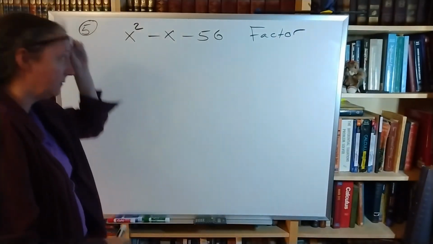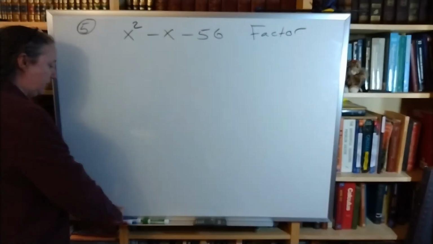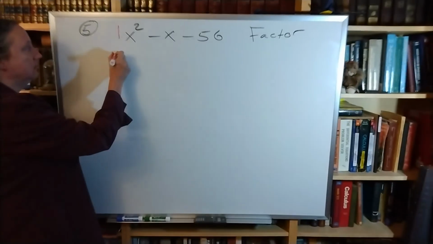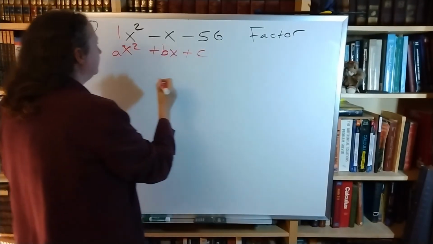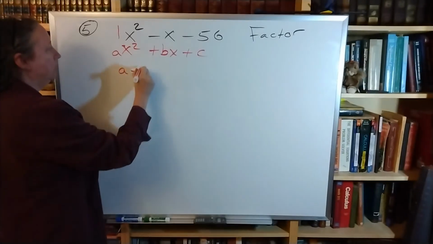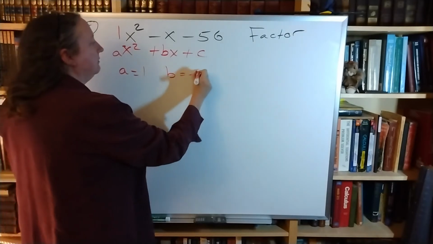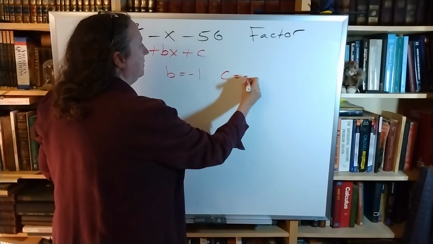We are going to go through our process here. One of the first things I'm noticing about this, a is equal to 1. I have my ax squared plus bx plus c. So I see that a is 1, b is -1, and c is -56.